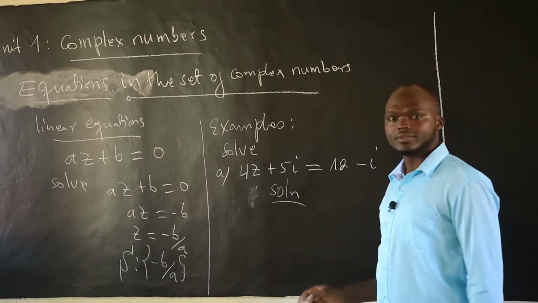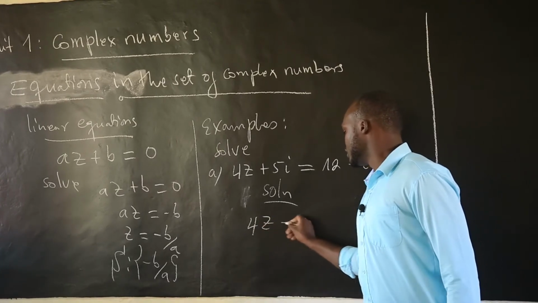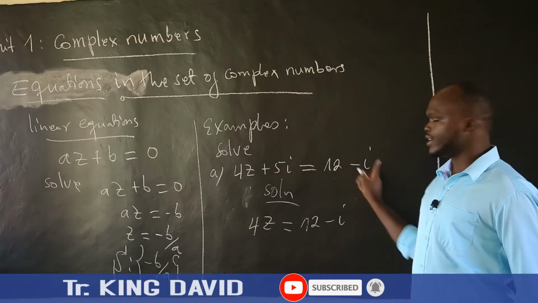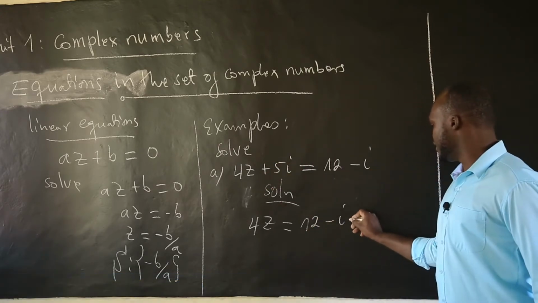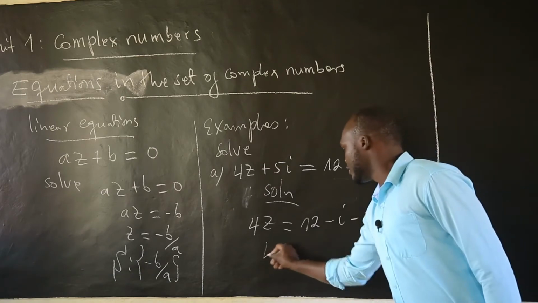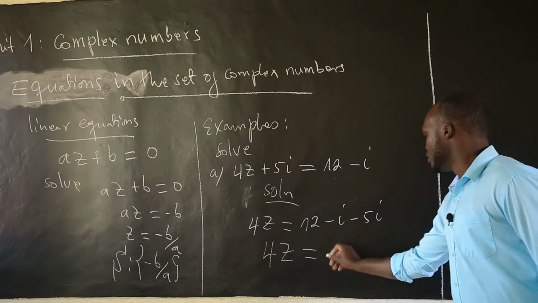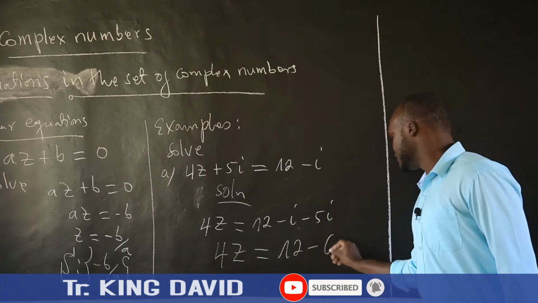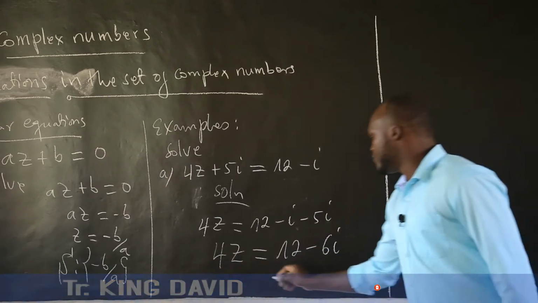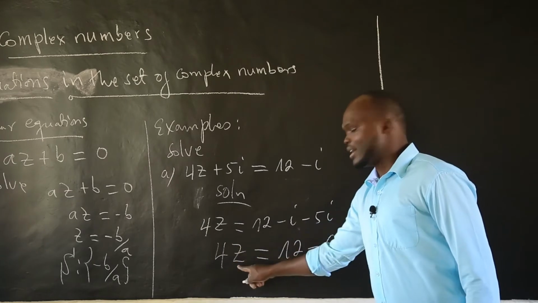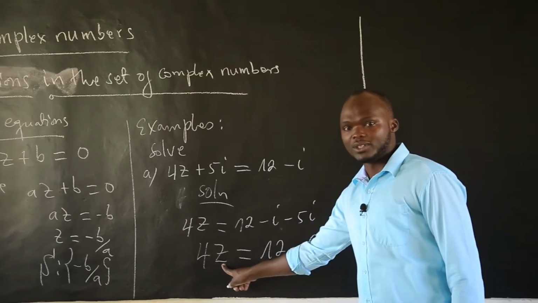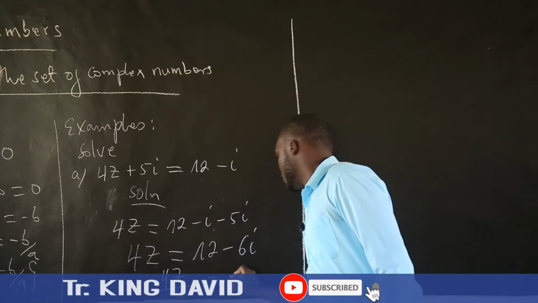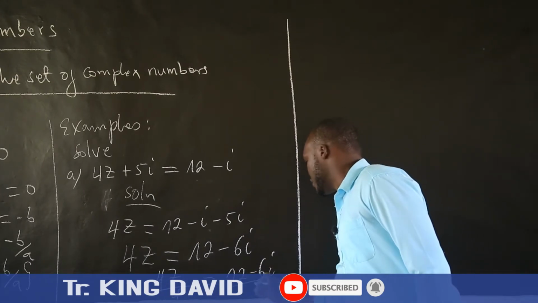So 4Z equal to 12 minus I, then we bring the 5I here. It is positive, so it will become negative. So 4Z equal to 12 minus I minus 5I, which is 12 minus 6I. Then we need to make Z the subject of the formula, so we divide both sides by 4. 4Z divided by 4 equal to 12 minus 6I divided by 4.